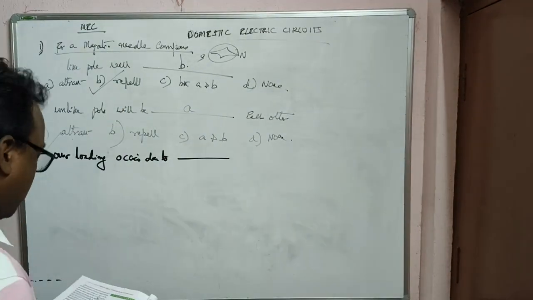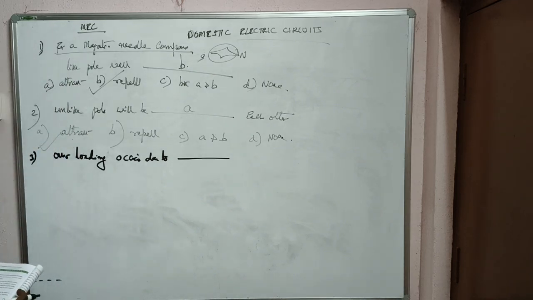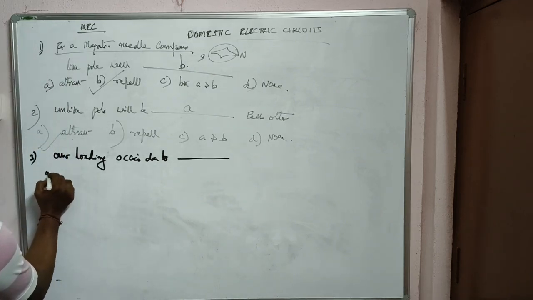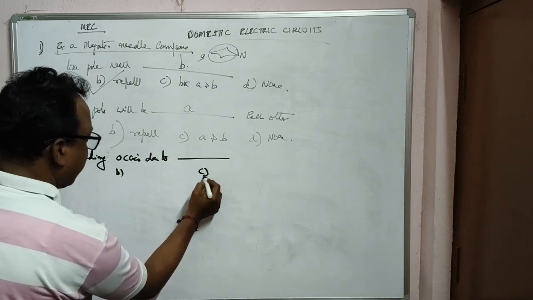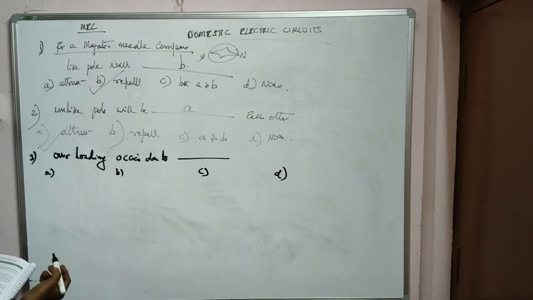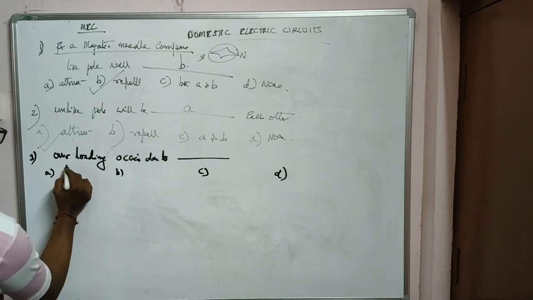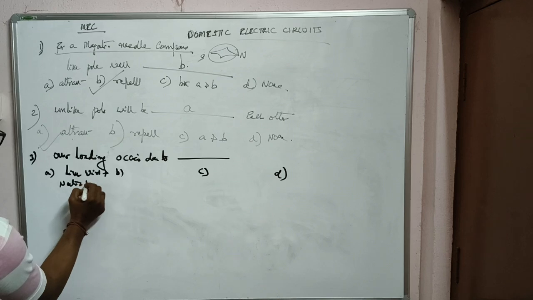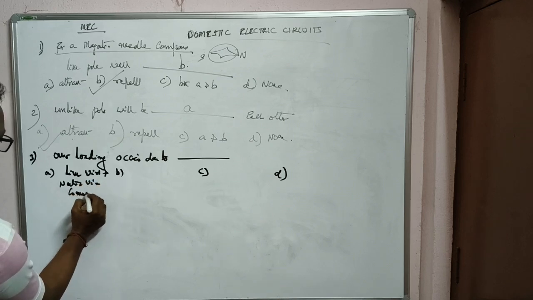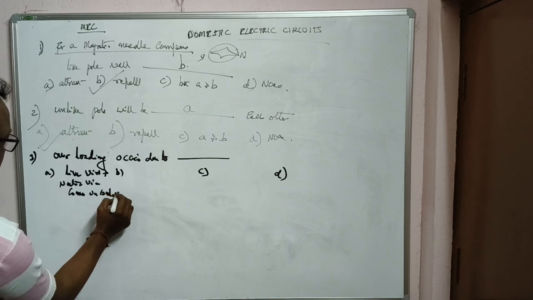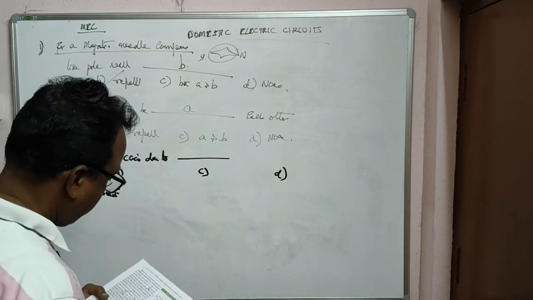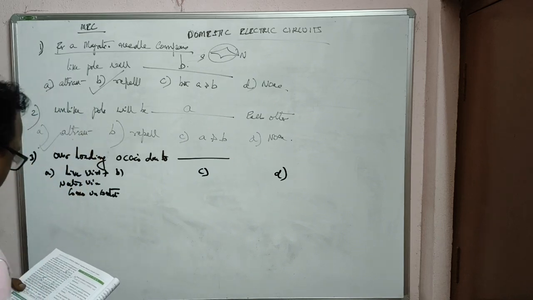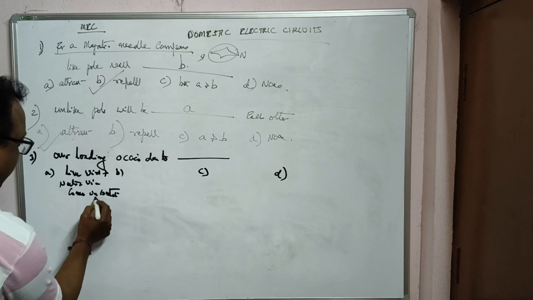So here I am giving answers also for you. Overloading occurs due to dash. A, B, C, D. First one, live wire and neutral wire comes in contact.